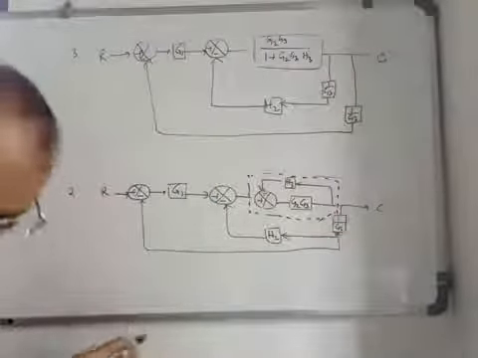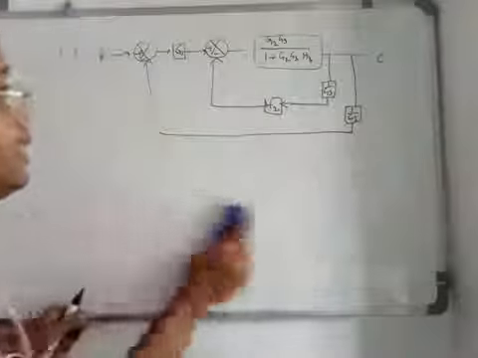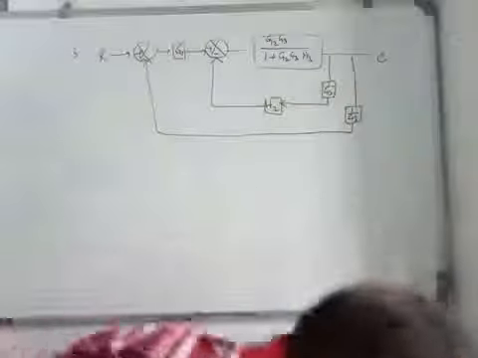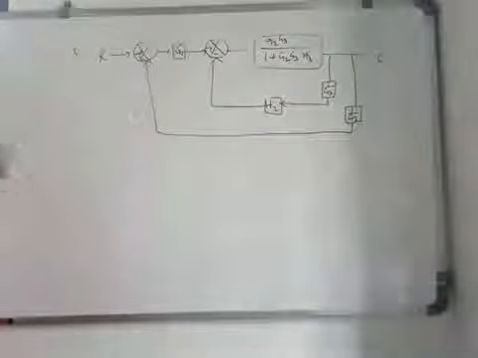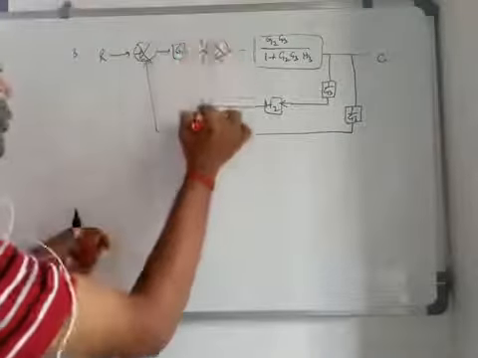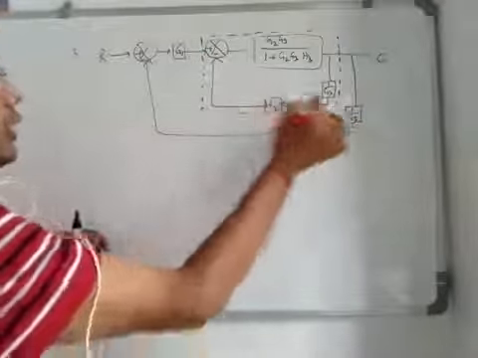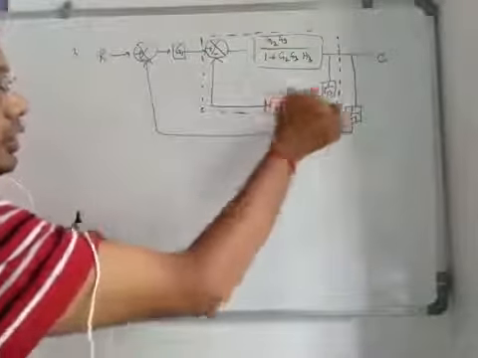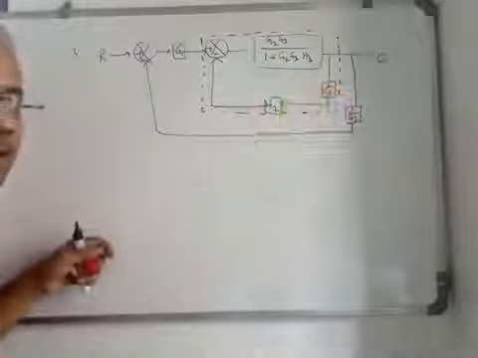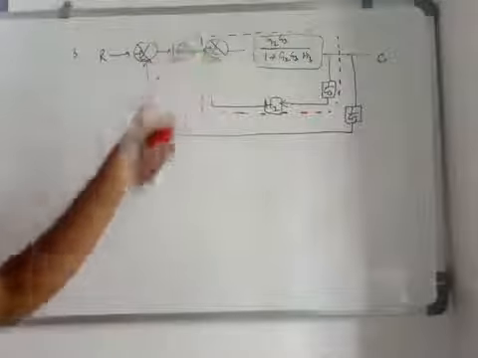Now from the structure shown in step 3, we directly get the two sections. You see, this is one closed loop part where 1 by G3 into H2 will be series connected, cascade connected, and this is your feedback path and this is your forward path, right?